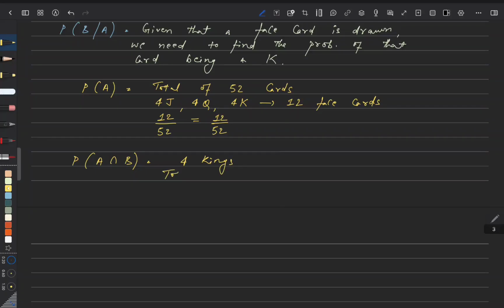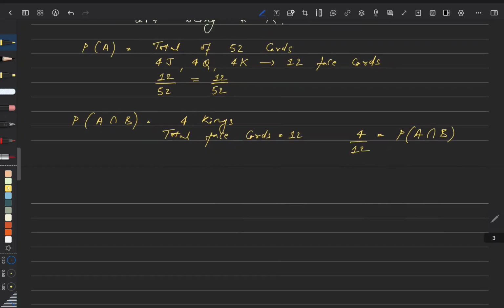Total face cards, we have 12. So the probability would be 4 over 12. So this equals P of A intersection B. So 4 by 12 ways this can happen, that the card drawn is a face card and it is also a king.